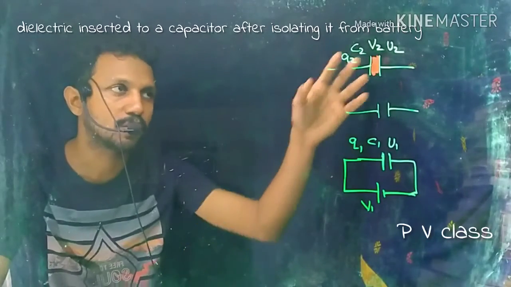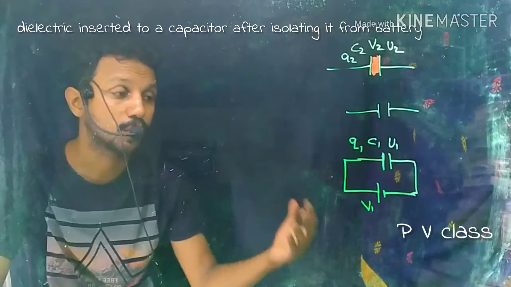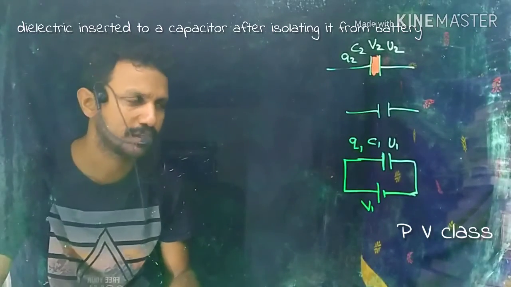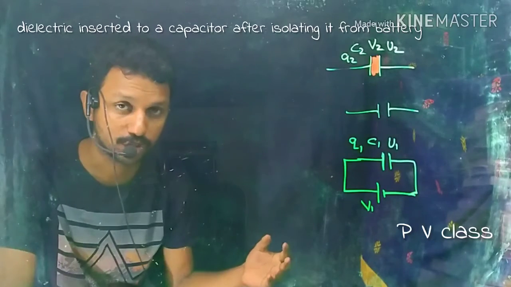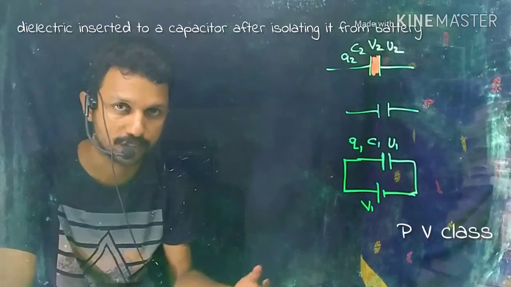Can you guess which factor? Potential may not be a constant in this case because we have removed the battery. Then can you recall the law of conservation of charge? The total charge of an isolated system is always a constant.